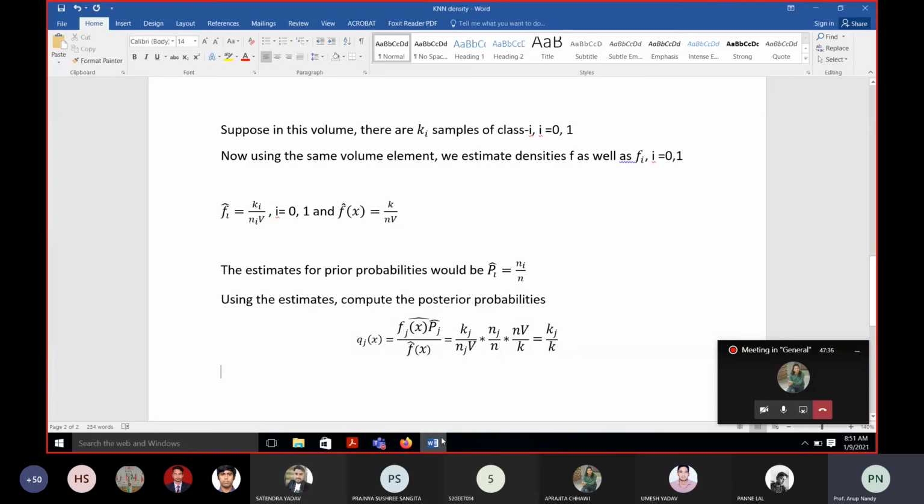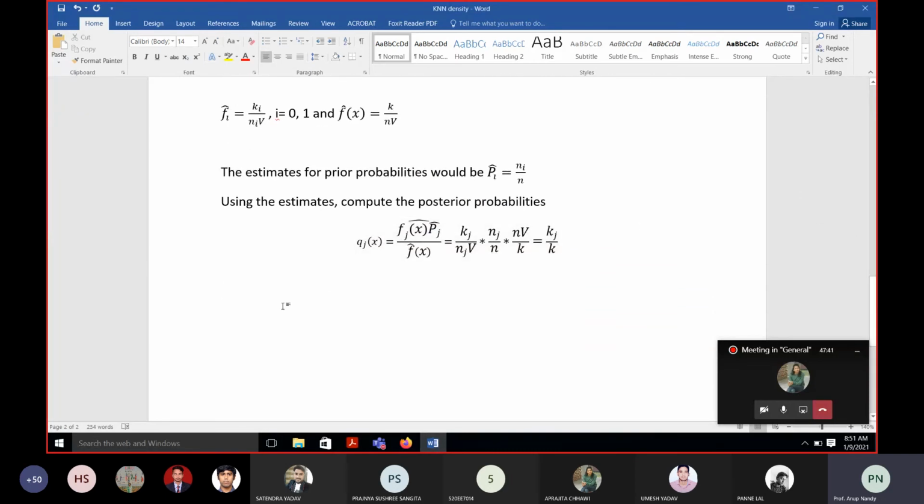Fine. So now if we want to implement it in a Bayes classifier, you'll have to tell that x would be put in class j if, what will be the condition?